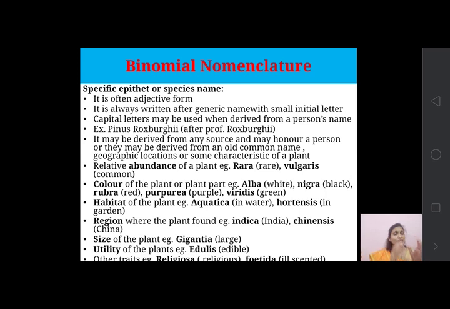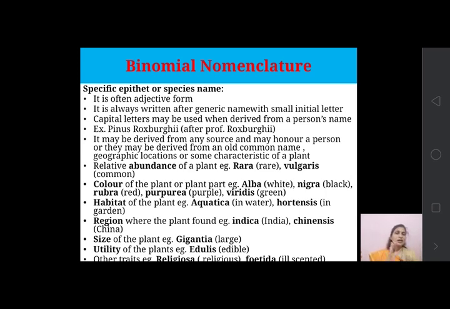So every word has its meaning. Every word which is used for the species name or for the generic name has some source and some characteristics in it, so the names are always meaningful, and we can remember a name after knowing its meaning.